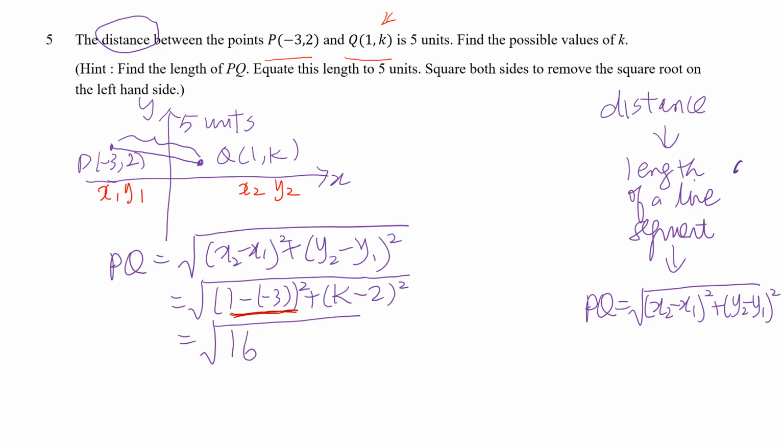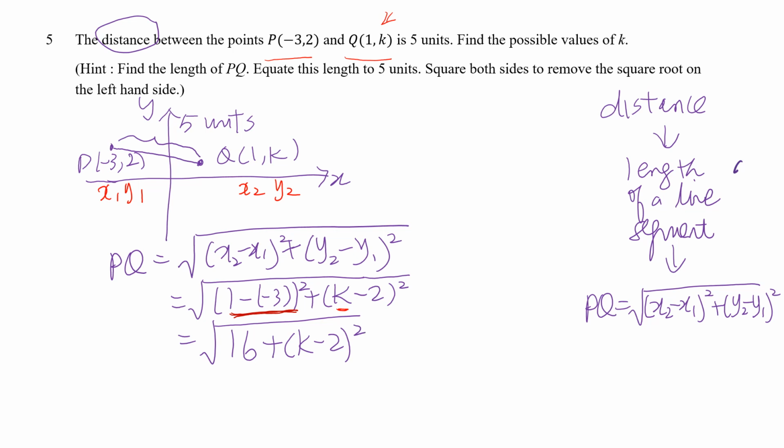This one here, where you have an unknown k, obviously you can't use a calculator. You don't know what k represents. k can be any value, so you don't know what value to punch in. So you just leave it alone as bracket k minus 2 squared.